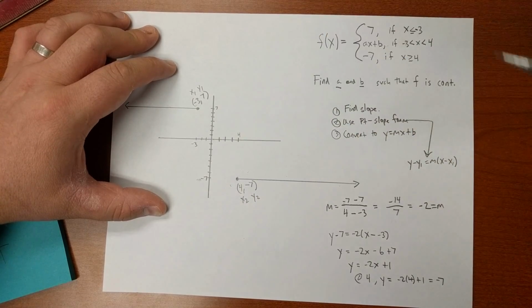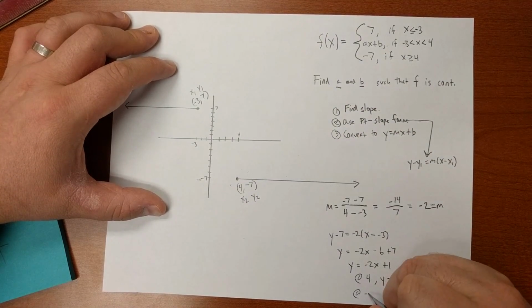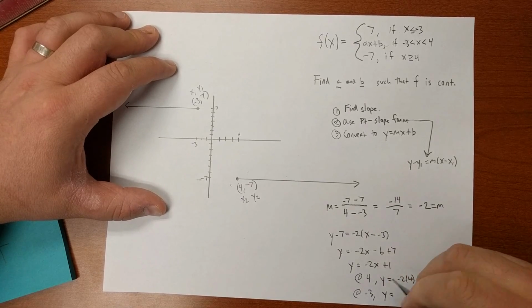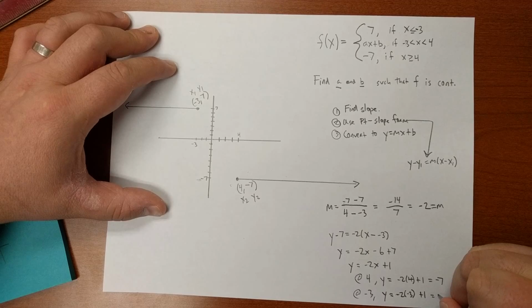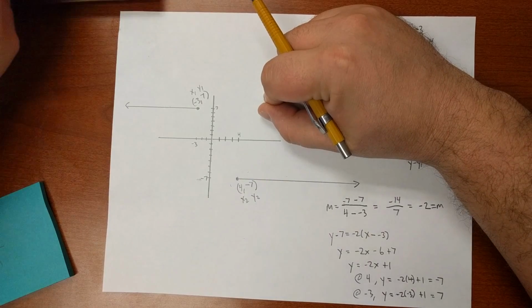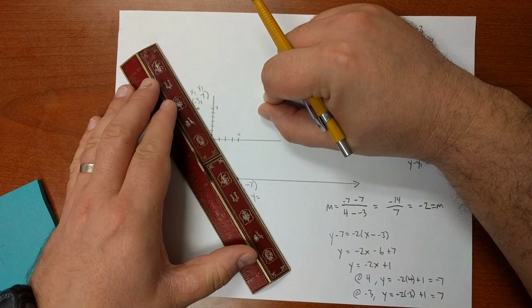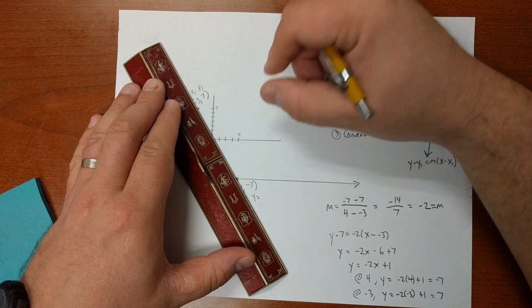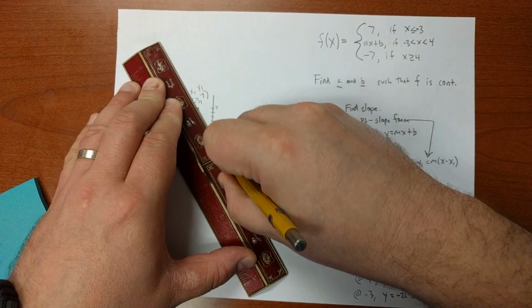What about at -3? At -3, y equals -2 times -3 plus 1 equals +7, which tells us the point -3, 7 is on that line. So we have successfully found a linear equation that connects these 2 horizontal lines.